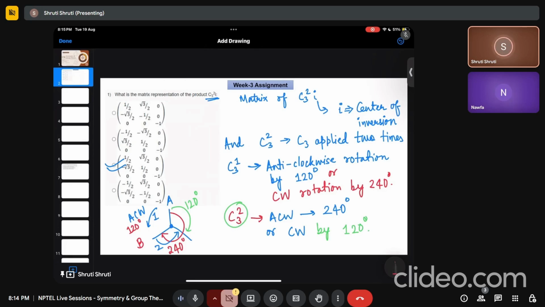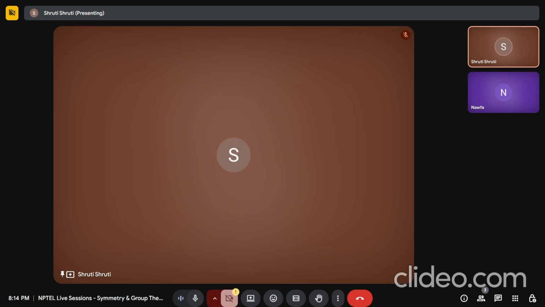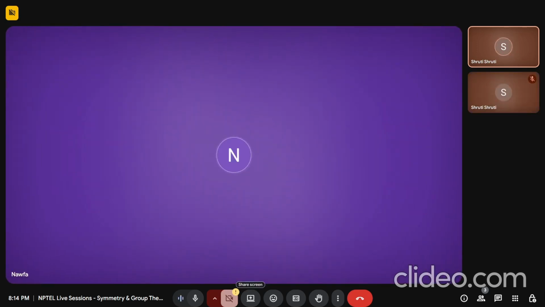Or there is another book by, I just forgot the name. I might have written it somewhere. Or you can look at Atkins also.